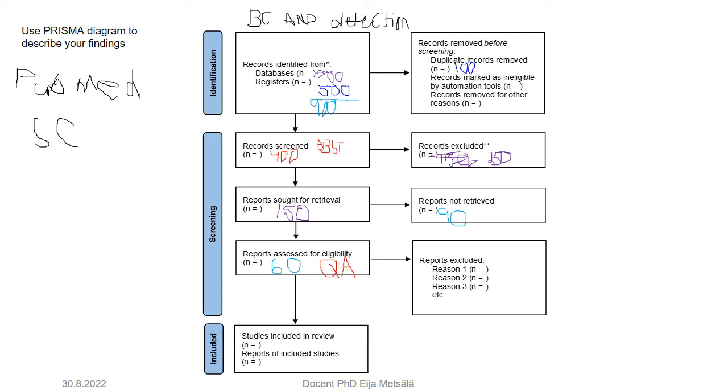Based on certain criteria, we will assess the quality of the selected studies, and as we have this much full text left at this stage, we can put the criteria quite high, that we only want to select the best quality studies, and we exclude again most of these based on bad quality, and we are left, let's say, 30 articles.